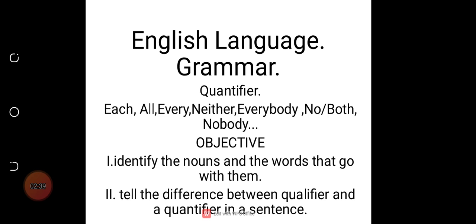It gives us a clue about the number or amount of something. Very good.